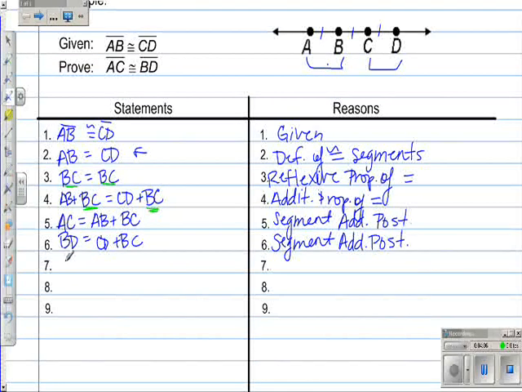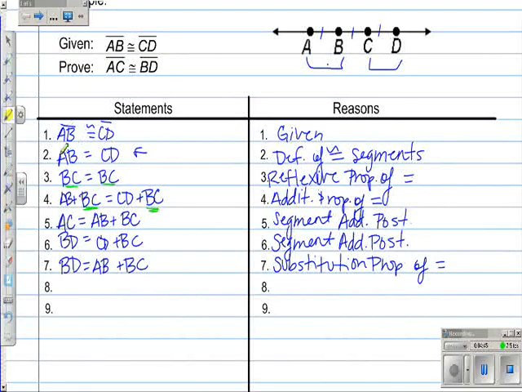So we know that since AB equals CD, and AC equals AB plus BC, and BD equals CD plus BC, well, I could also say BD equals CD and AB are the same, so I'm going to replace CD with AB and AB plus BC by our substitution property of equality.